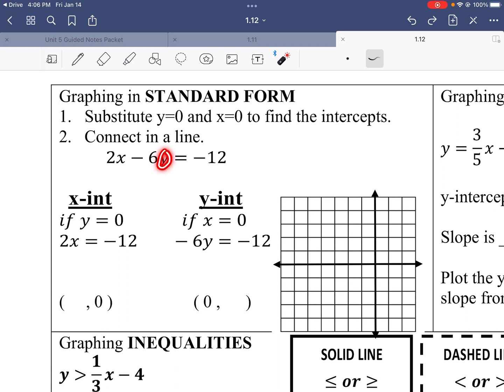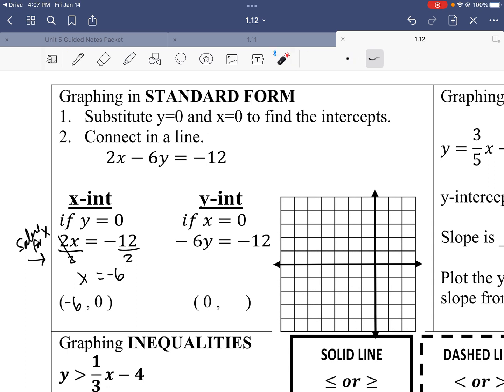If you plug 0 in right here, this term becomes 0, and we don't usually write minus zeros. So really, we just have 2x equals negative 12. Then all we have to do is solve for x. We divide by 2 on both sides, and we get that x equals negative 6. So that's our first point.